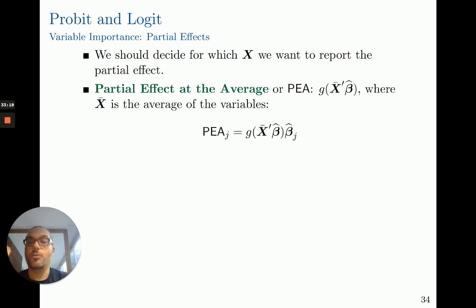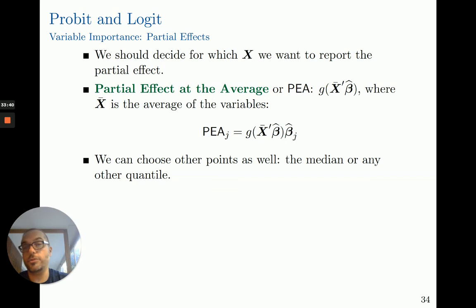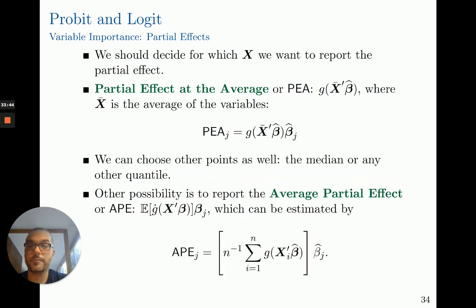One option is the partial effect at the average. We evaluate the partial effects at the average x, so we are looking at departures from the average. We can choose other points as well, like the median or any other quantile. Another possibility is to report the average partial effect.